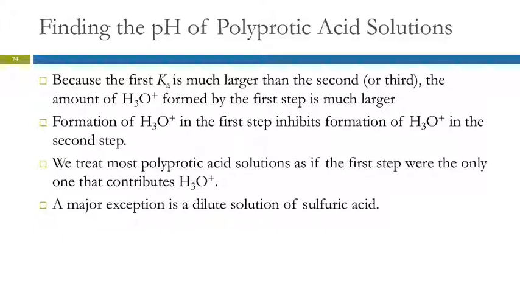So we can generally treat these as if only the first step is going to contribute any hydronium ion. The major exception is if you have a dilute solution of sulfuric acid. In a dilute solution, you've got that first one coming off as a strong acid, and then you do have to consider the second one.